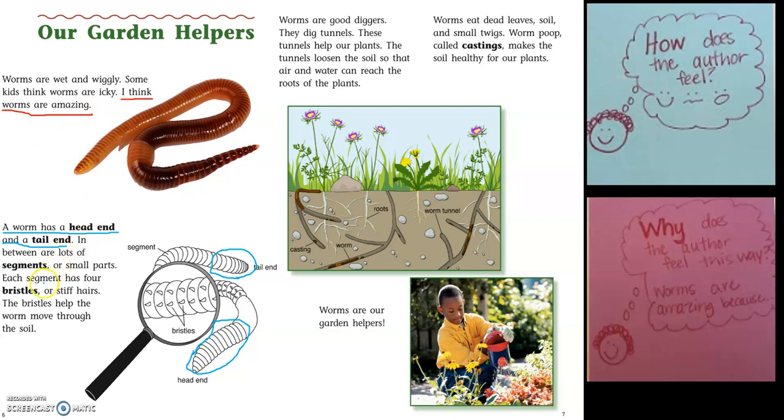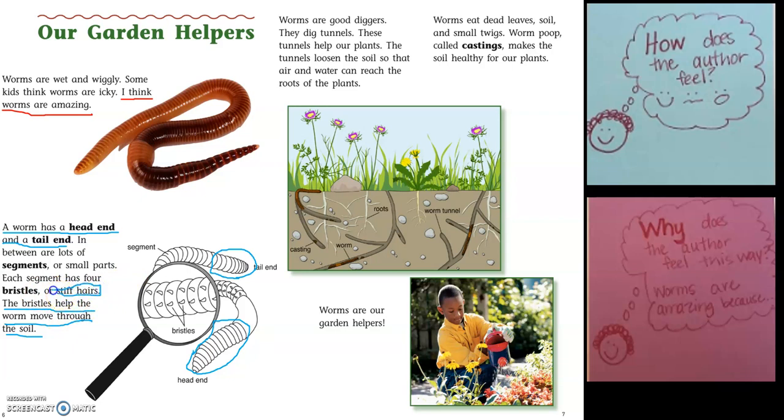Another reason that I think he thinks worms are amazing is because of the bristles. This is a cool fact that I found interesting too. The bristles help the worm move through the soil. So think about, he compares his bristles to stiff hairs, right?